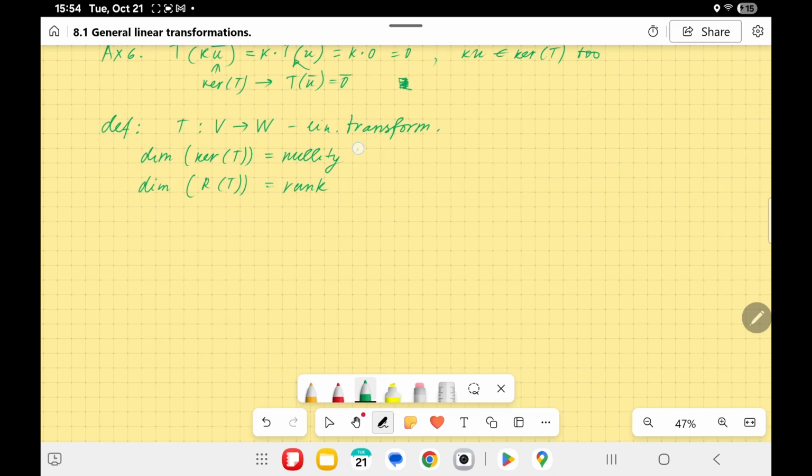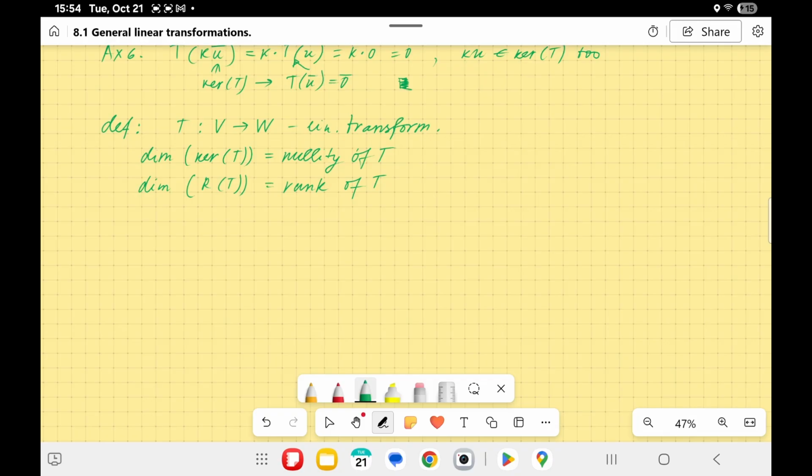You can put rank of T and nullity of T. Basically, the kernel itself is a subspace, but this subspace is supposed to have a dimension. That dimension has a special name, nullity.